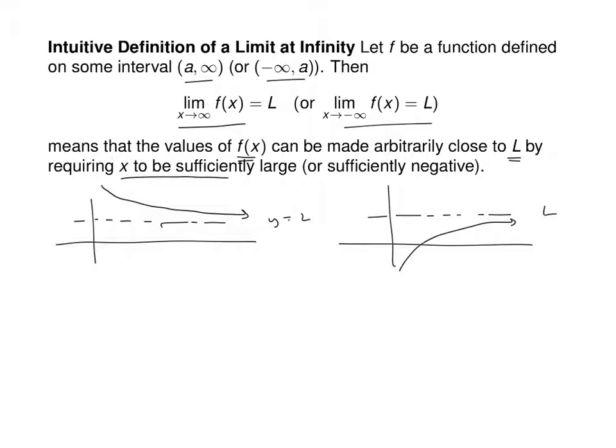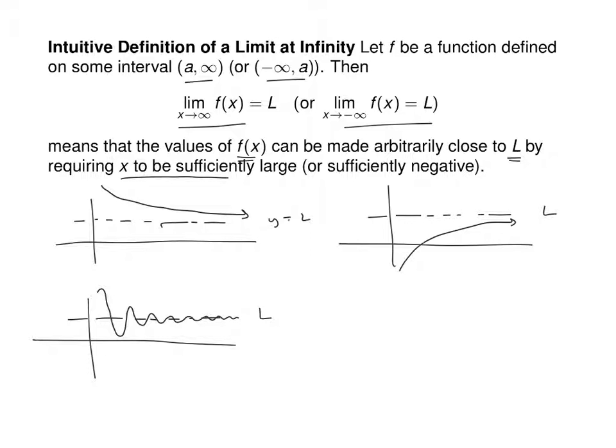You probably haven't seen examples of functions that cross their horizontal asymptotes yet, right? The reason is that most of the functions you've seen that have horizontal asymptotes are rational functions, and they don't cross their horizontal asymptotes. But a function could do something like this. It could oscillate, but the oscillations could dampen. Do you see what I mean by that?